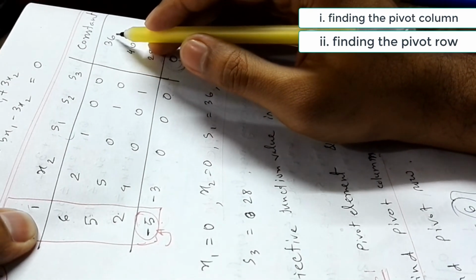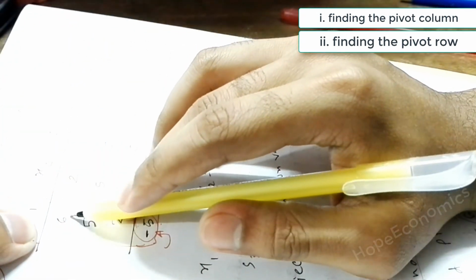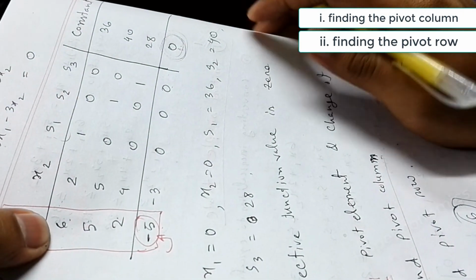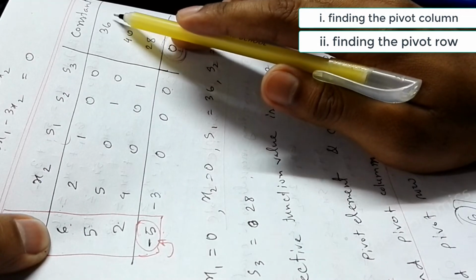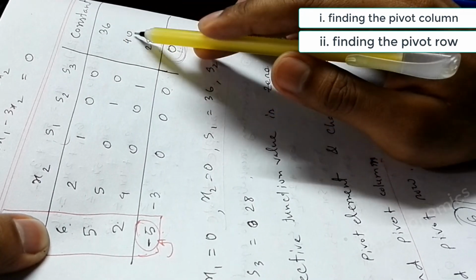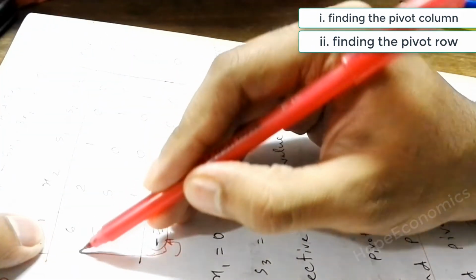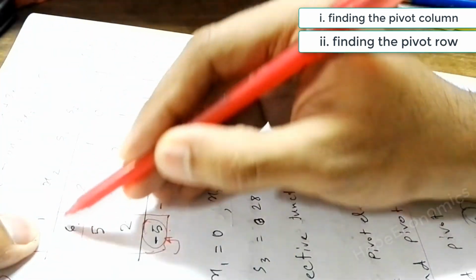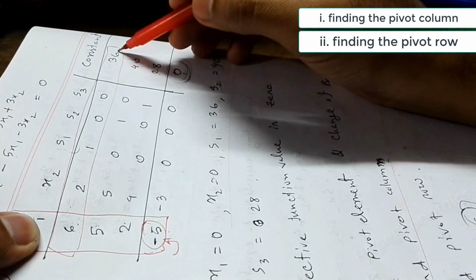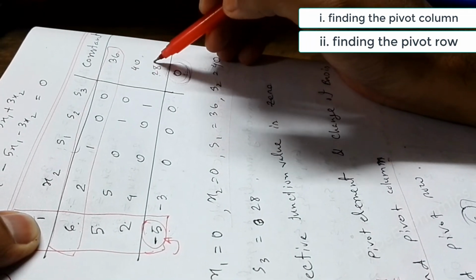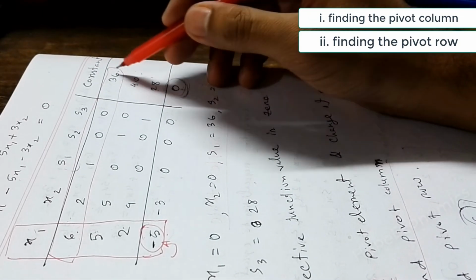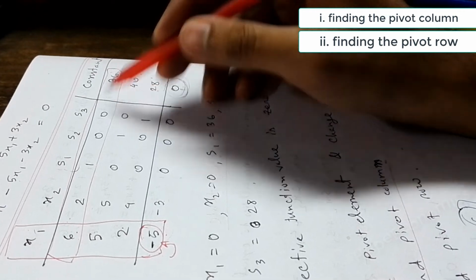That means if we divide 36 by 6, its displacement ratio will be the lowest compared with the rest. So the first row is our pivot row, as it holds the lowest displacement ratio compared with the other two.